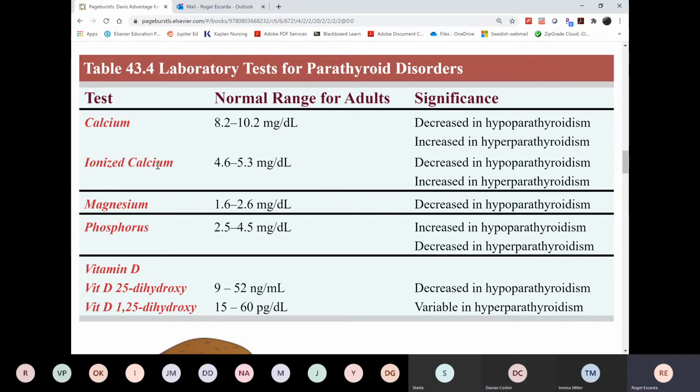The ionized calcium is also called the free calcium. This is the calcium that's ionized, you know, when we write Ca++. So this is the free calcium that goes in and out of the cell, in the cardiac cells, in the skeletal muscle cells.